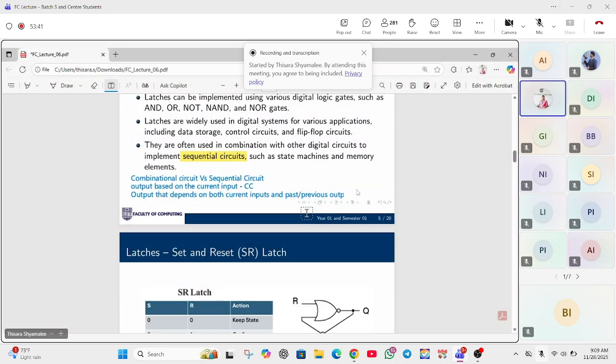This is the difference between the combinational circuit and the sequential circuit.